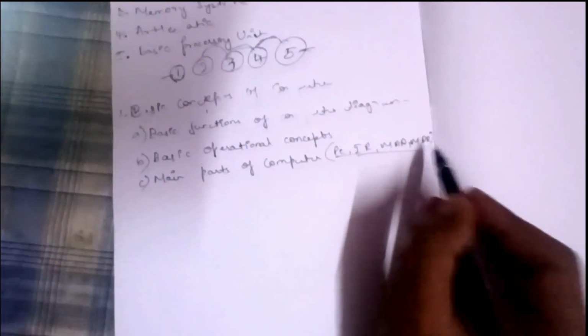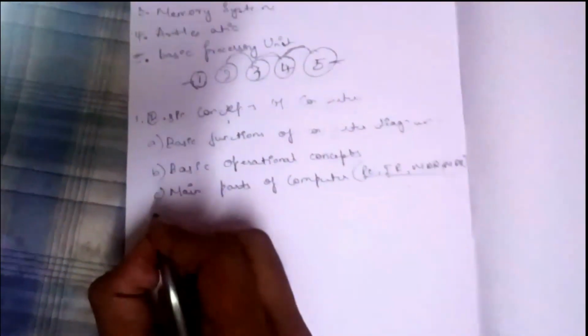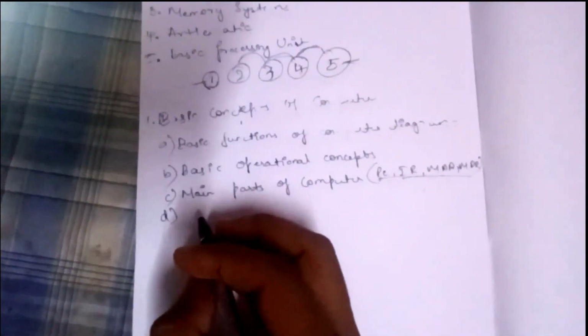These are very important for the fifth module also. So PC, IR, MAR, MDR are the main parts of computer. If you don't know this, then you can't study computer organization. This is the most important question for the whole syllabus. Now the fourth question will be steps to execute an instruction.